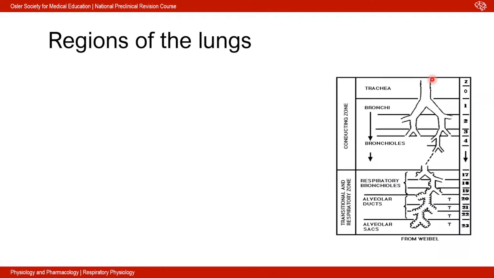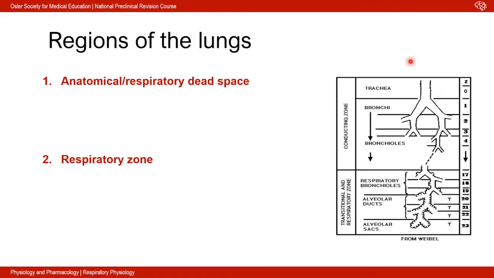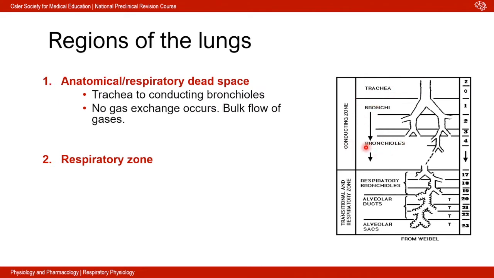Regions of the lungs are also a very important concept to be aware of. We've got number one, the anatomical or respiratory dead space. And then the second section is the respiratory zone. The dead space runs from the trachea here to the conducting bronchioles here. There's no gas exchange here, and it's only the bulk flow of these gases going through.